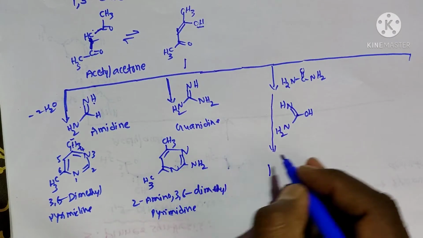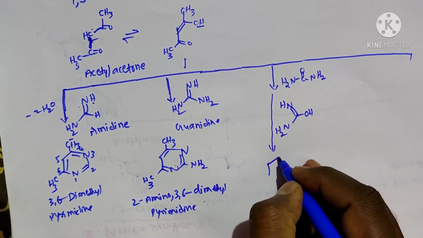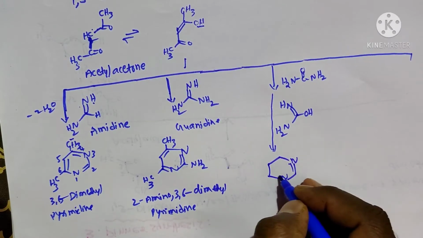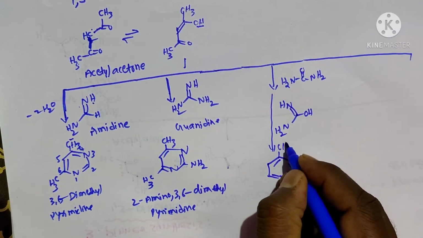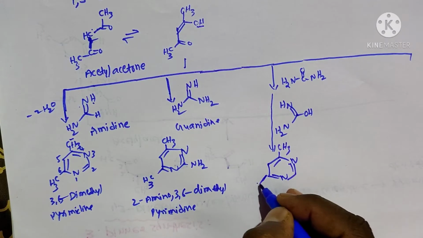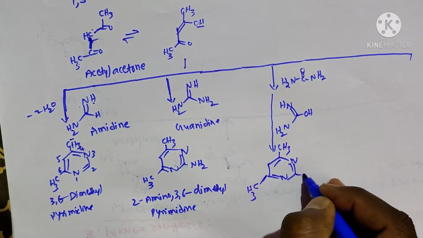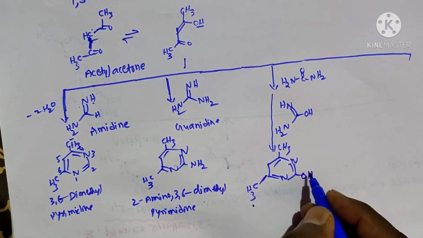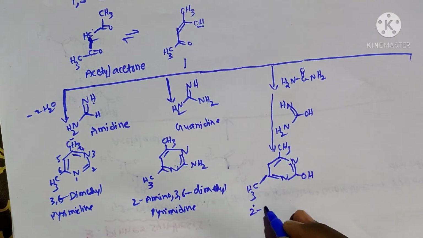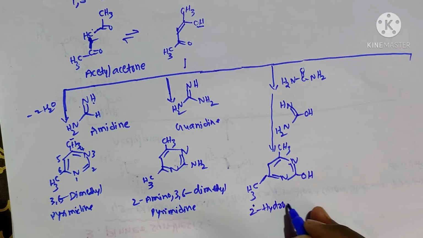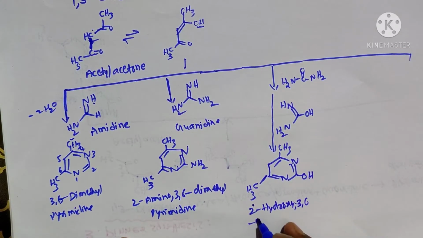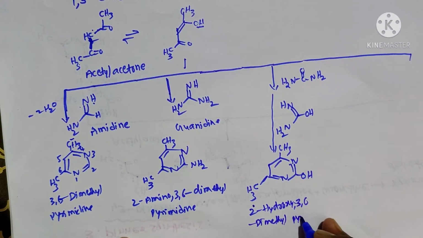In place of amine we get the hydroxy group. So this is 2 hydroxy 4,6 dimethyl pyrimidine.